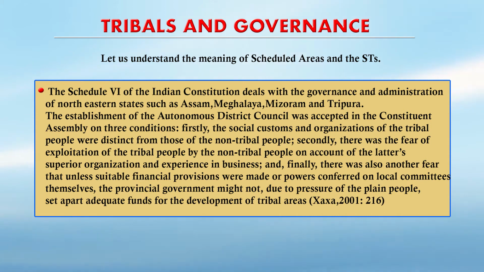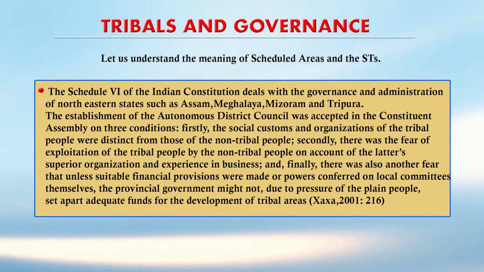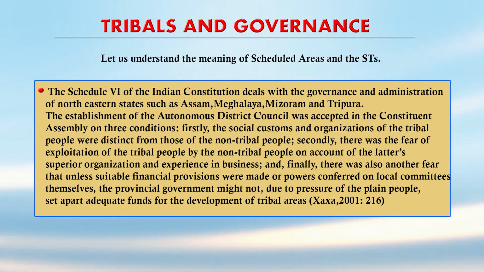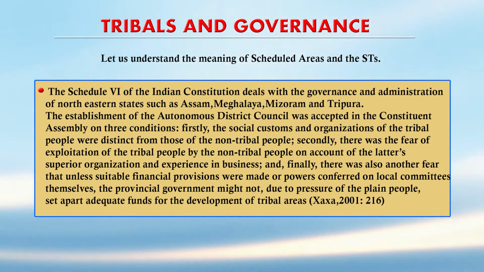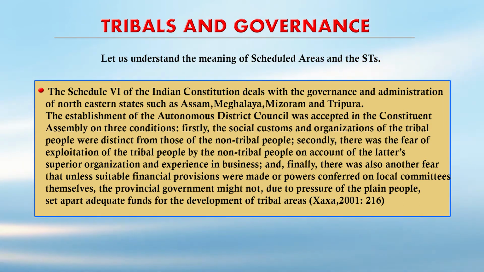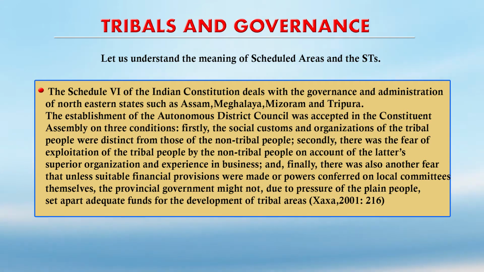The establishment of the Autonomous District Council was accepted in the Constituent Assembly on three conditions. Firstly, the social customs and organizations of the tribal people were distinct from those of the non-tribal people.